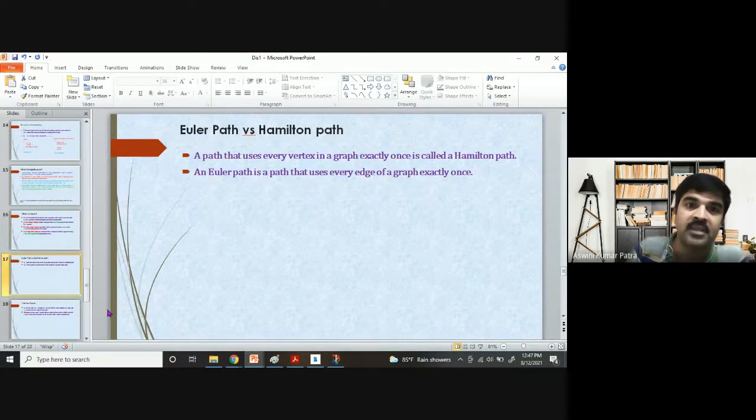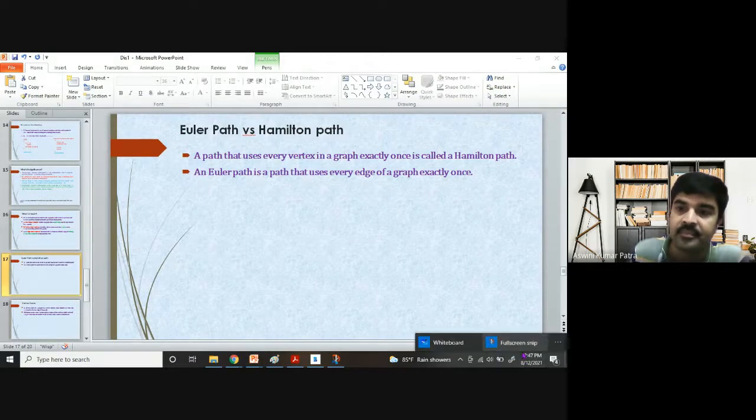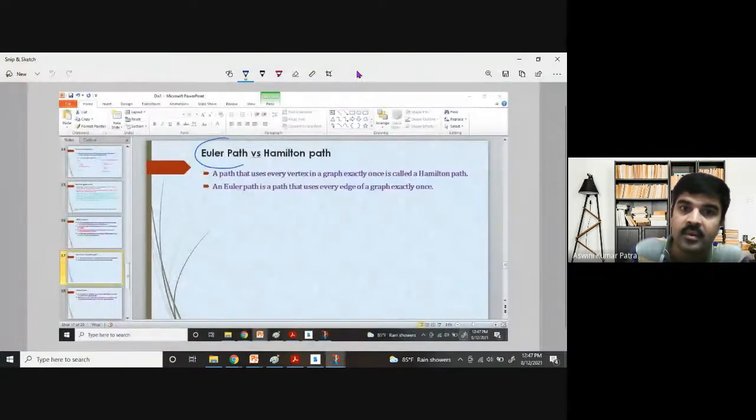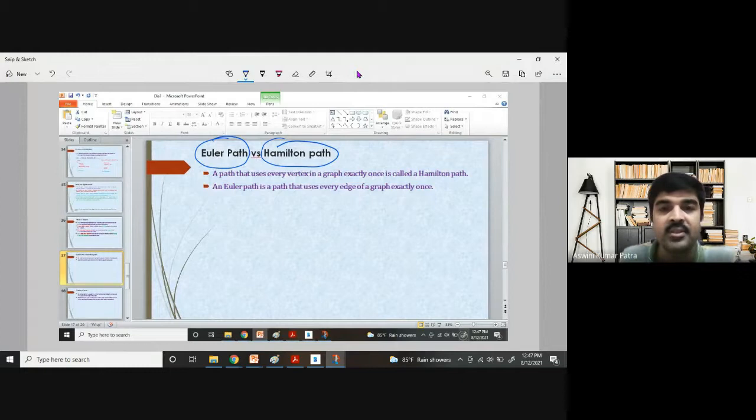One is called Euler Path. Okay. And one is called Hamiltonian Path. A path that uses every vertex in a graph exactly once is called a Hamiltonian path.